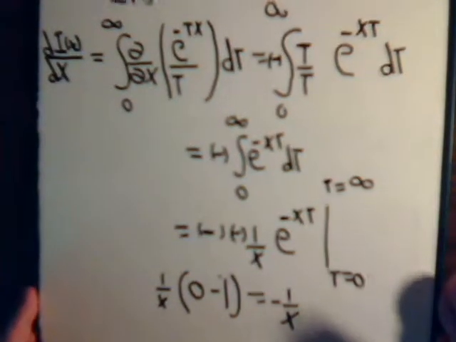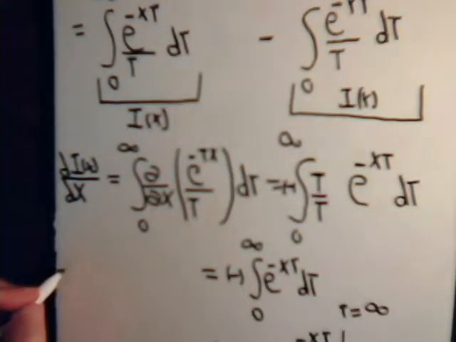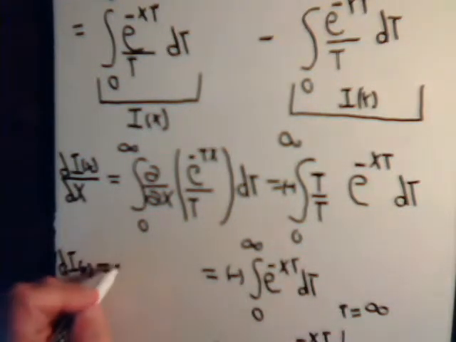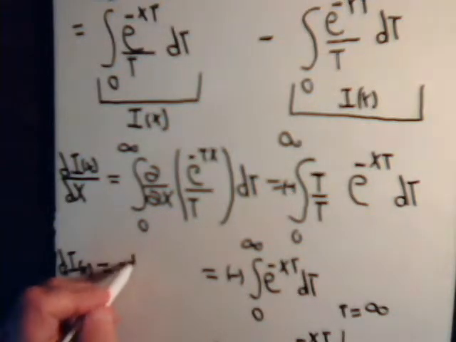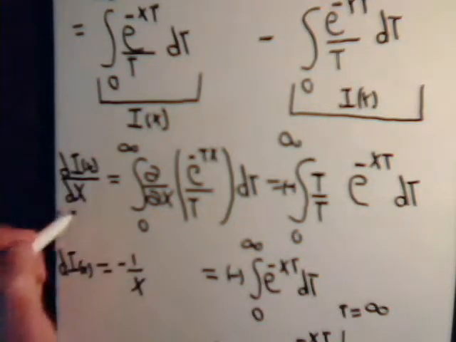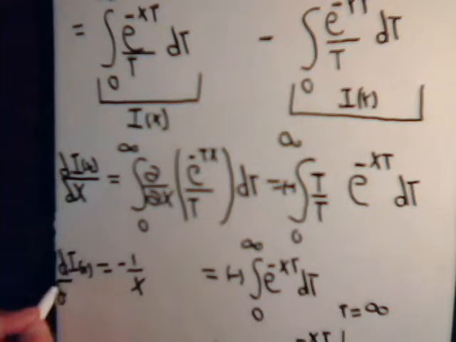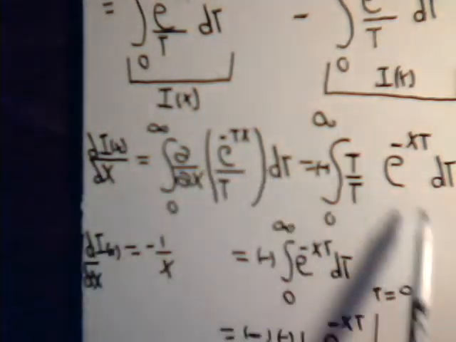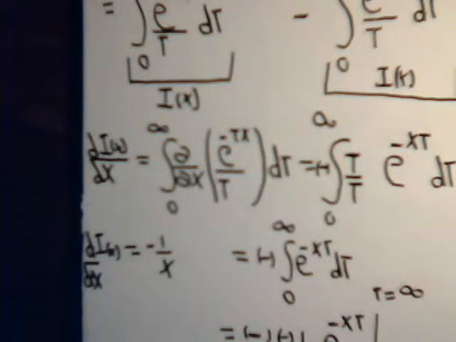So we have dI of x over dx equals minus 1 over x. That's what we get after we go through all of these steps. So let's get this stuff out of the way.